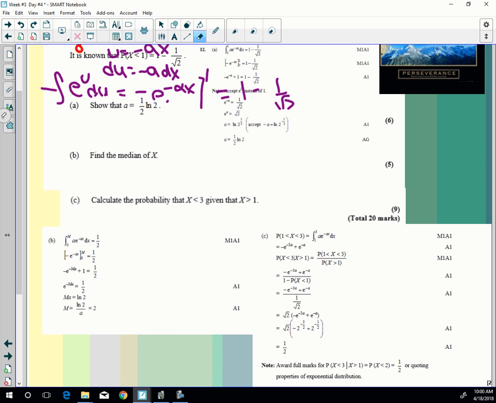And then it says calculate the probability that x is less than 3, knowing that x is greater than 1. Okay? What's the intersection of 1 and 3? It's less than 3, and it's greater than 1. What's the intersection?